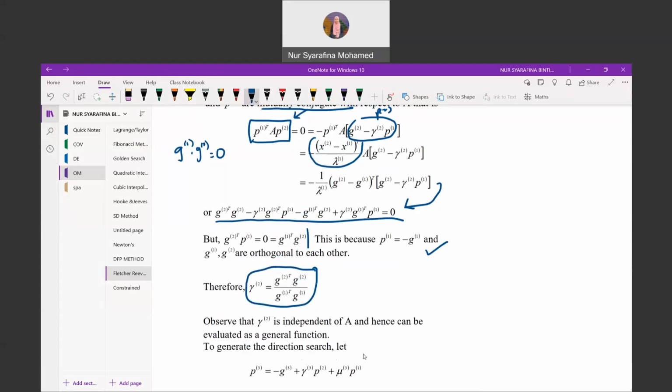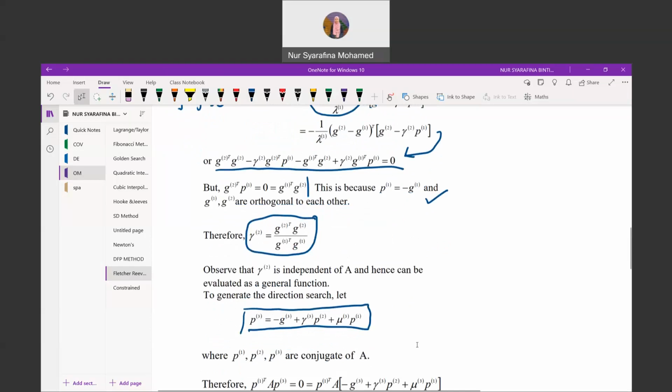Now P1, P2 and P3 are conjugate of A. So this is just the vector, and this is just the scalar, where all of these three, P1, P2 and P3, are conjugate of A. So we have another P there in order to get P3.